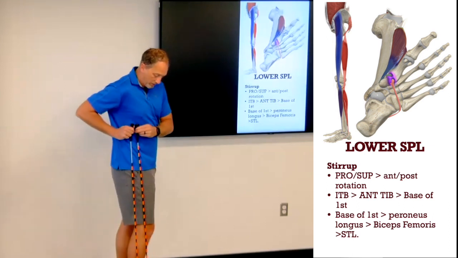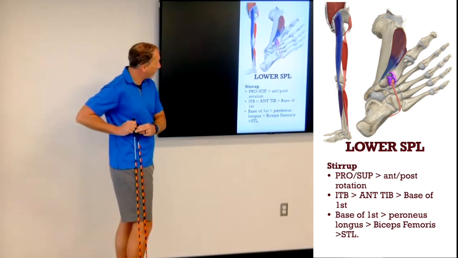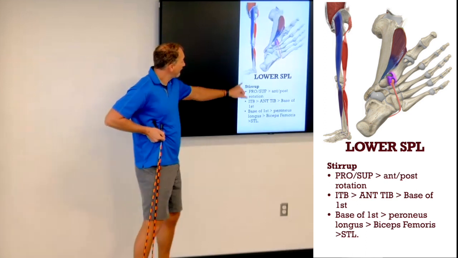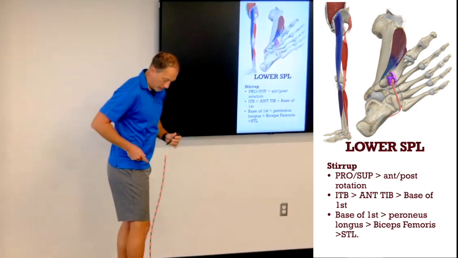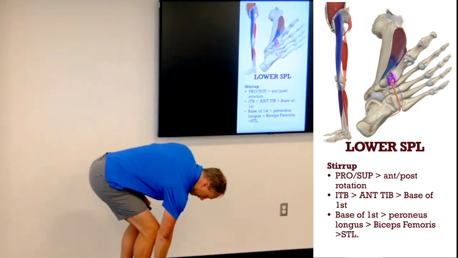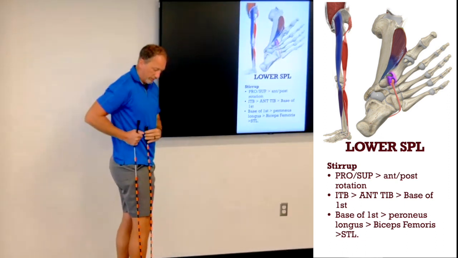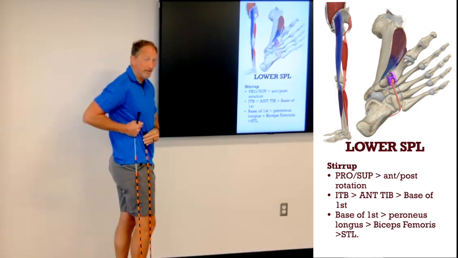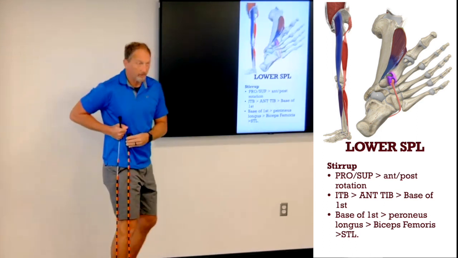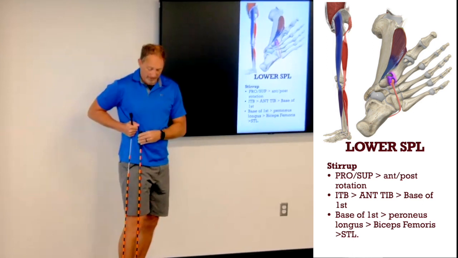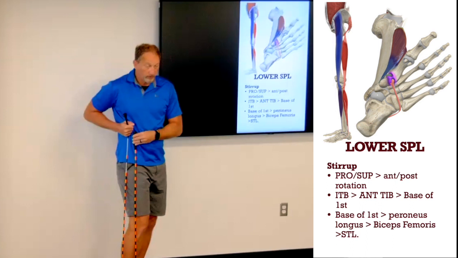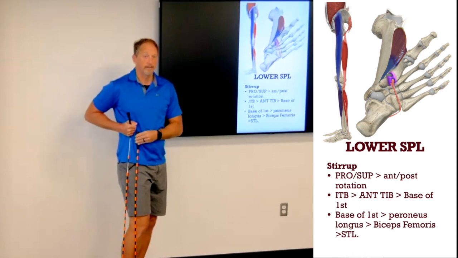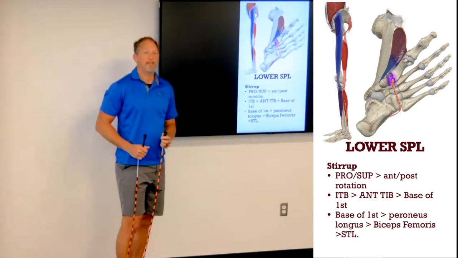So if we think about what's going to cause that to evert, that is going up the peroneals up into the biceps femoris. If we have too much tension here, that's going to create a force vector that lends itself to an eversion type mechanism of the foot, which then sets the knee up for valgus collapse. How many people have tight hamstrings?